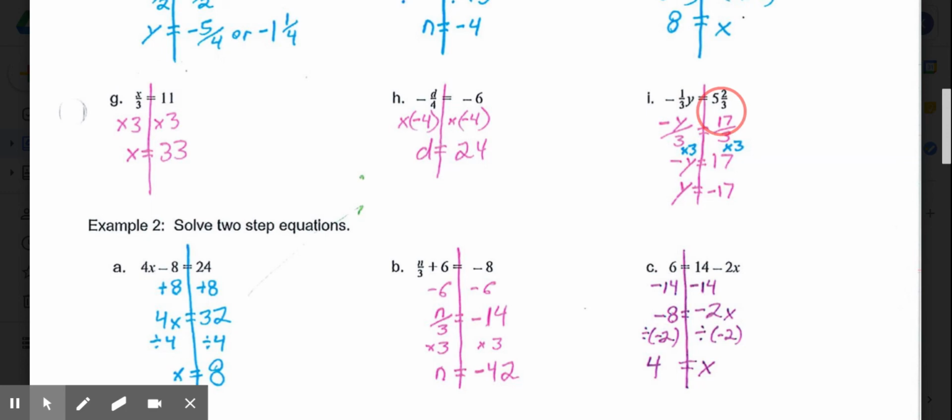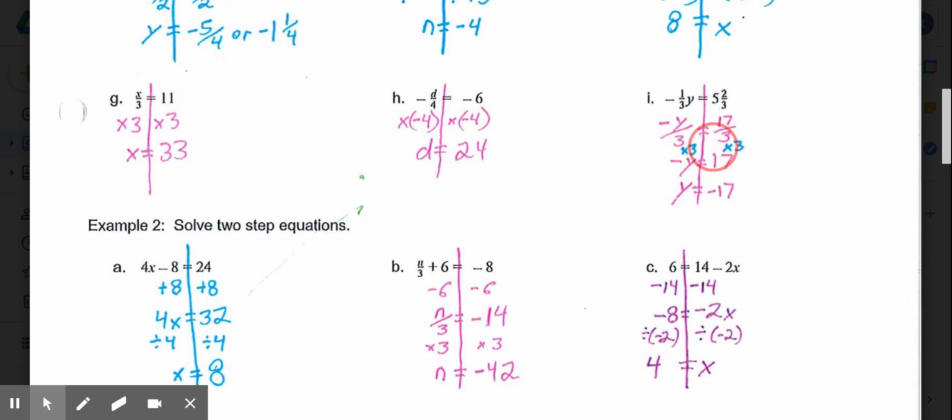On the right-hand side, because I know I'll be dealing with multiplication to undo my division, I want to make this mixed number into an improper fraction. And again, in order to do that, you take the whole number out in front, multiply it by the denominator, and add it to the numerator. So 5 multiplied by 3 is 15, plus the 2 on top would give us 17. So 17 over the denominator of 3.